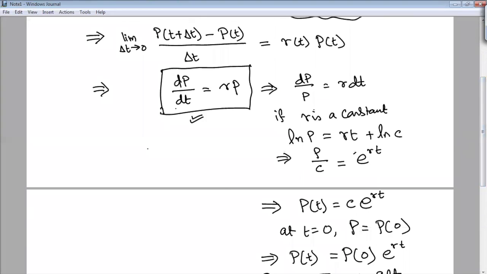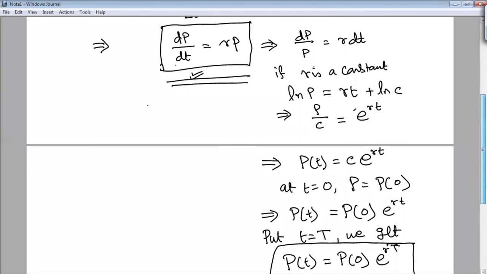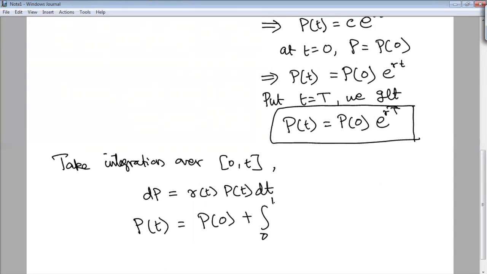Now let's take this ODE and take the integration over the interval 0 to t. So dP is equal to R of t P of t dt, you can write, and then you take the integration over this, you get P of t is equal to P of 0 plus the integral from 0 to t of R of s P of s ds.